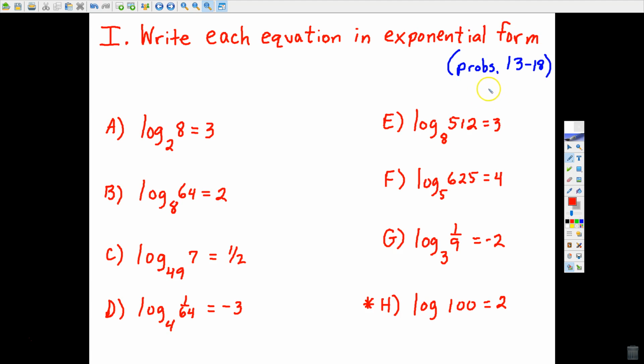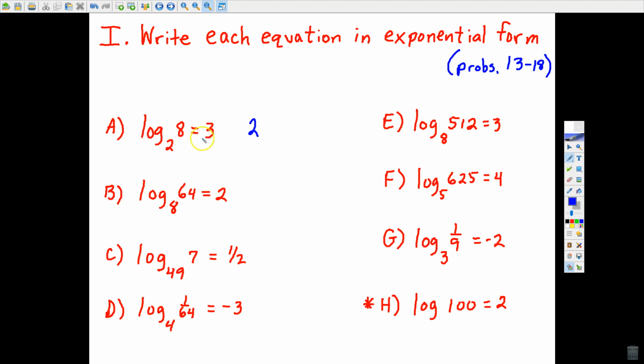So these are some illustrations, some examples of problems 13 to 18 in your assignment. Given these log equations, let's write the related exponential equation. Alright, so remember the base of the log is 2, so that means the base for an exponent has to be 2.